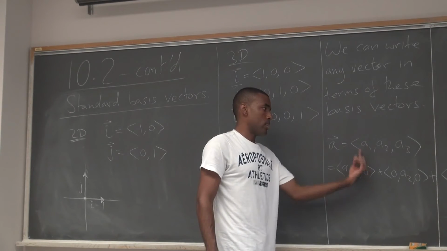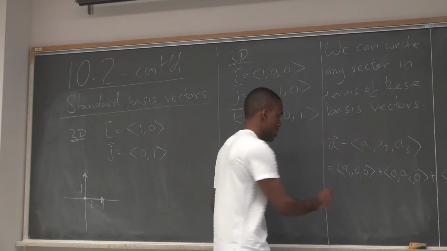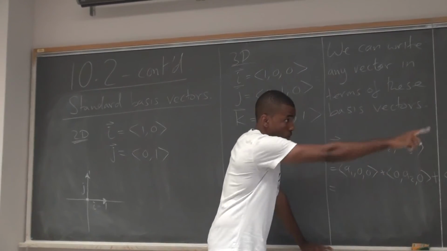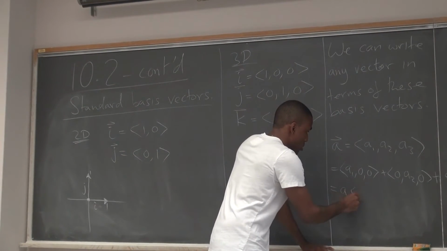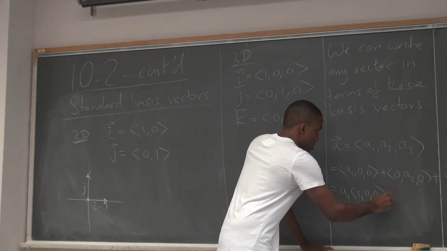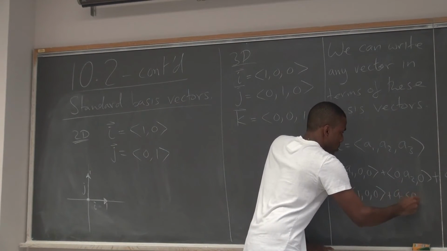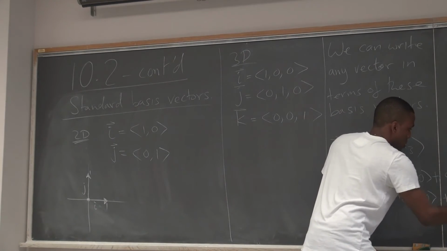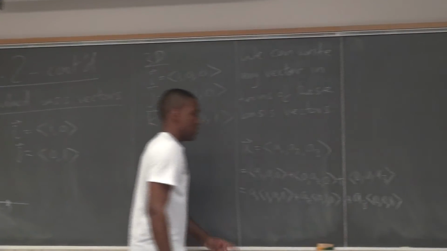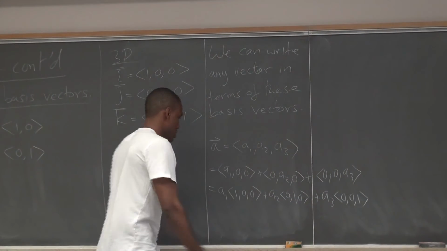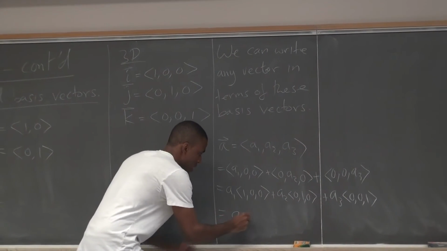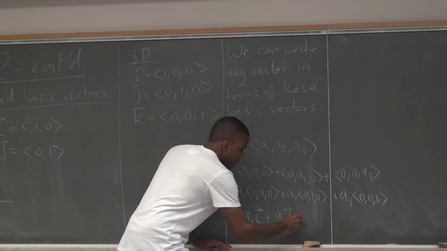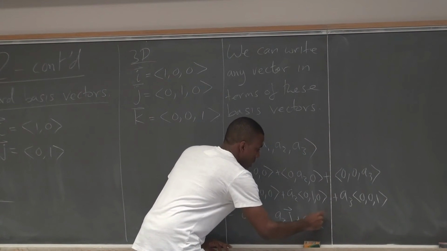If I add these three, I'll get those three. And because the components are scalars, and I know the distributive law, I can actually factor an A1 out. And it turns out that these guys are my standard basis vectors. So I can rewrite this as A1 i plus A2 j plus A3 k.